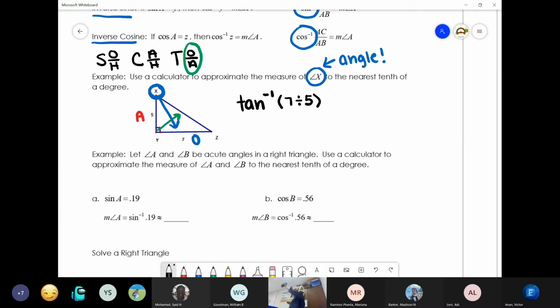In your calculator, you're going to hit second tan, so you get tan with the little -1 in the corner. Then type in 7 divided by 5, and you should be getting 54.5 degrees.